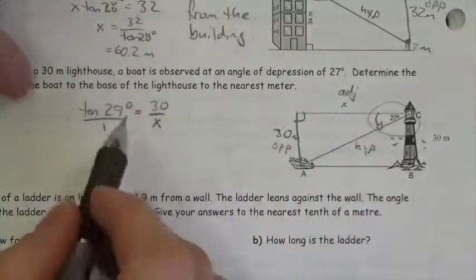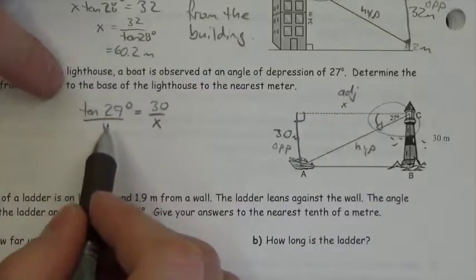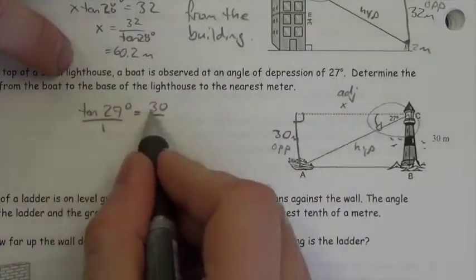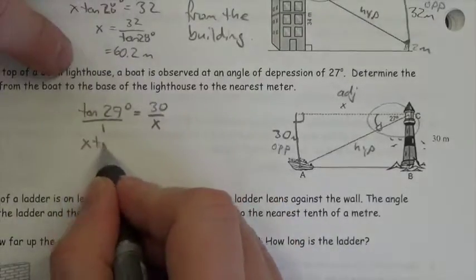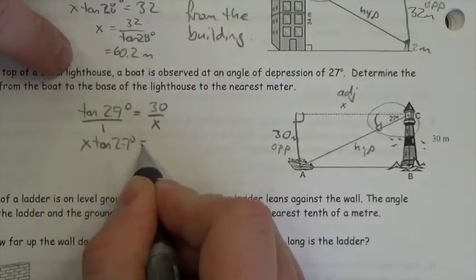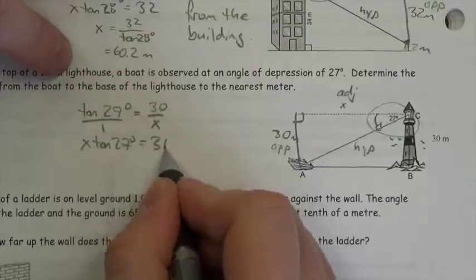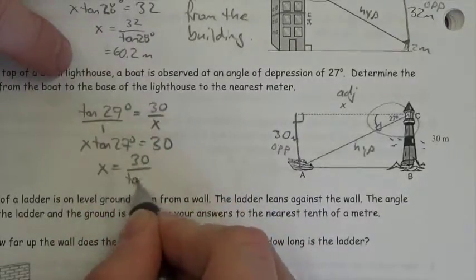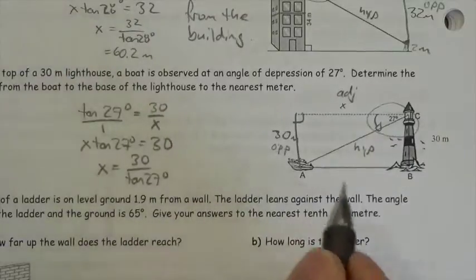Now all I've got to do is rearrange this expression for x, and I have done this repeatedly by making that trig function into just a rational expression over 1, and then cross multiplying. So x multiplied by the tangent of 27 is going to equal 30 times 1, or just 30. So x will now equal 30 divided by the tangent of 27.